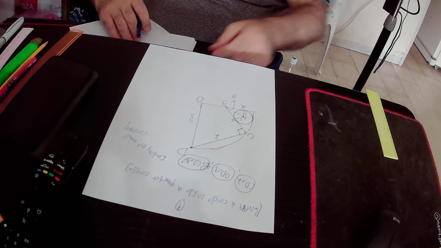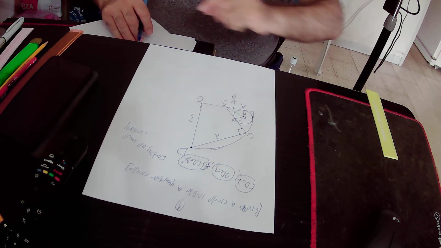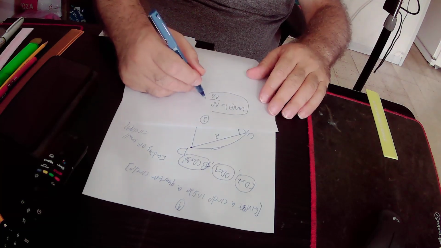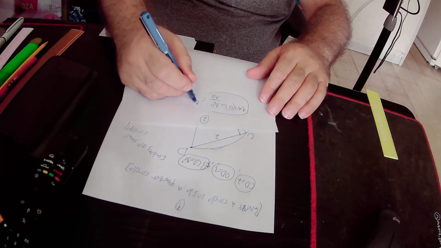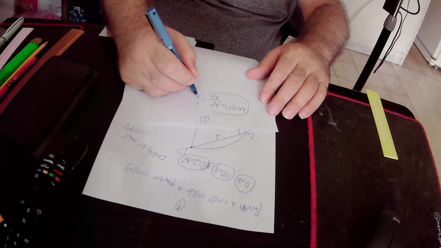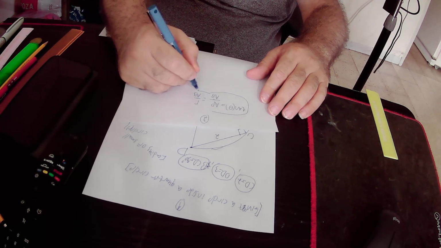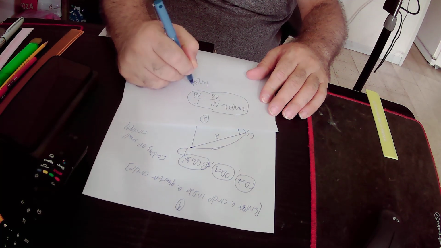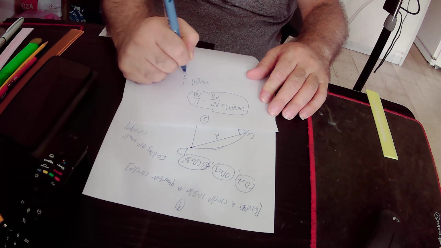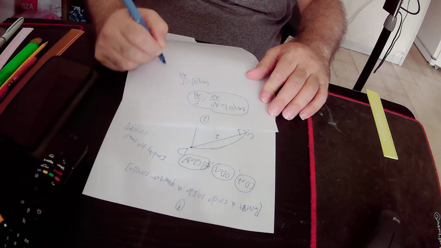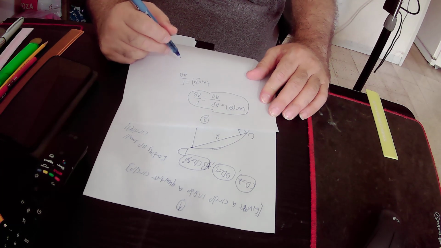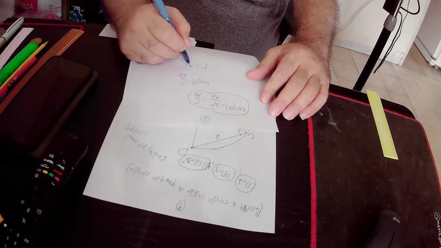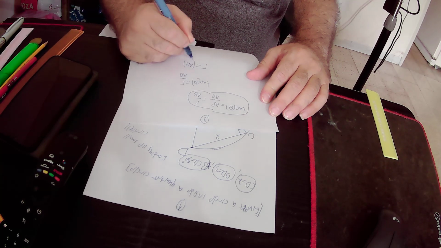But what is AP? AP is the radius of the small circle, so we can substitute AP by small r. So tangent theta equals small r over AB, and if we multiply this equality by AB, we will get that the radius of the small circle equals AB times tangent theta.